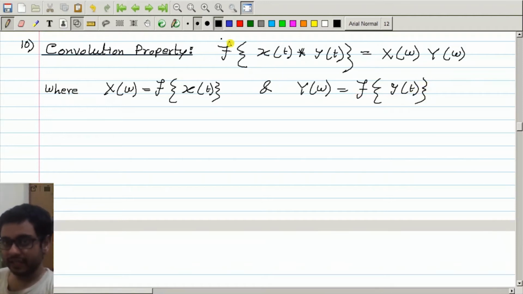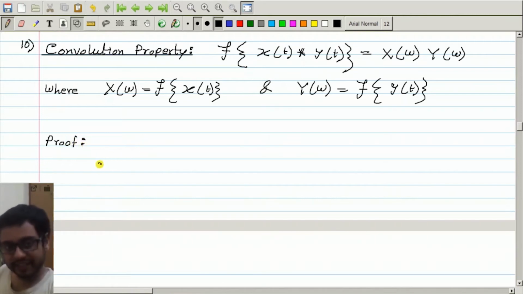That means the Fourier transform of the convolution of two signals is equal to the product or multiplication of individual Fourier transforms. Let us prove this property.